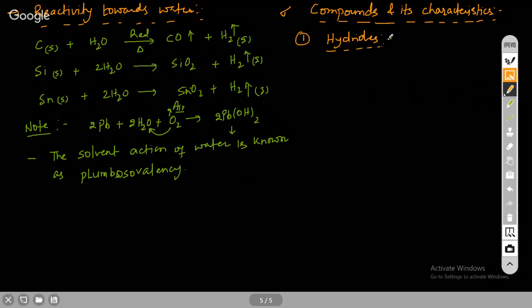These elements form covalent hydrides, like we have for carbon.